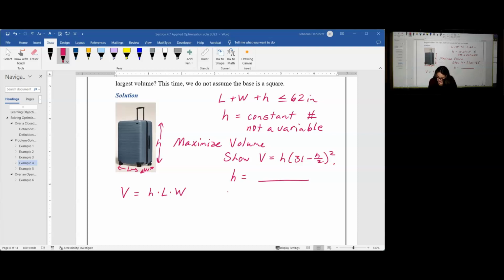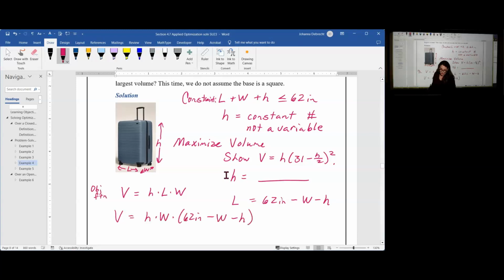Using the constraint equation, I can write the following. L must be equal to 62 inches minus W minus H. Putting that into the objective function leads to the next step.